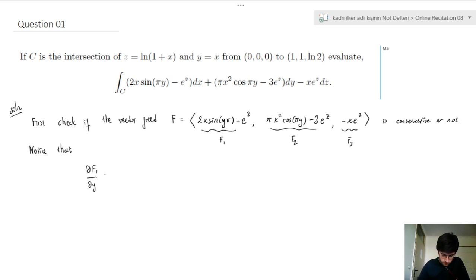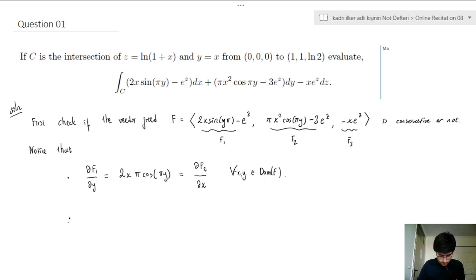If you compute this partial derivative, you easily see that we have this. So it is fine. At the same time, if you compute the partial derivative of f2 with respect to x, you have exactly the same result, for all x, y in the domain of F, and the domain is actually everywhere. This is the first observation.